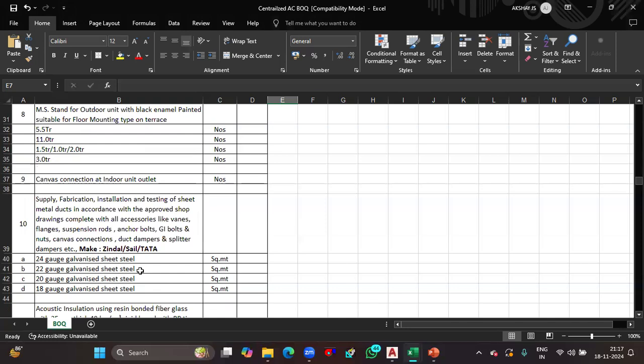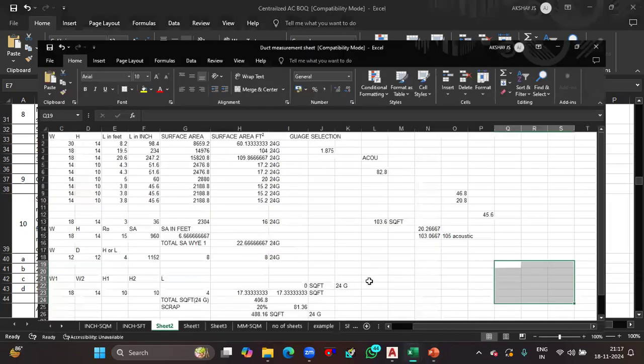According to your project, you need to mention those values right here itself. Here they mentioned in square meter. Suppose you can mention even in square feet also, like 400 square feet of duct sheet is required for the entire project for 24 gauge duct. Similarly for 22 gauge duct, 20 gauge duct. So this is the calculation that we have done right now itself.